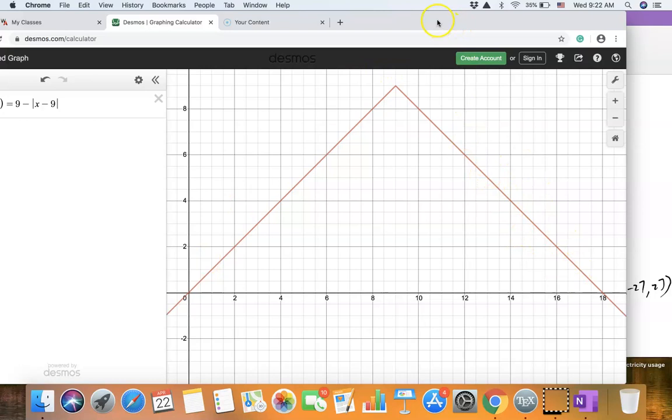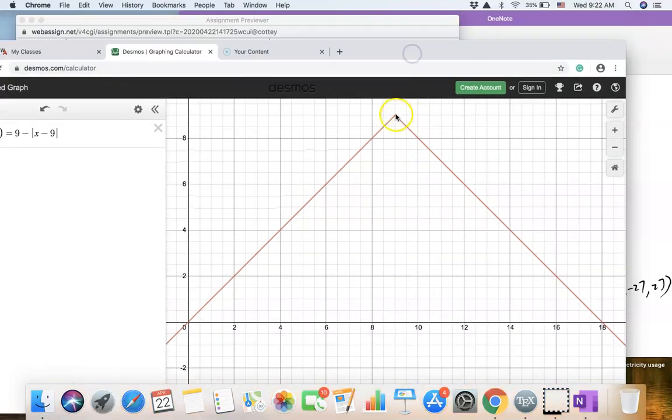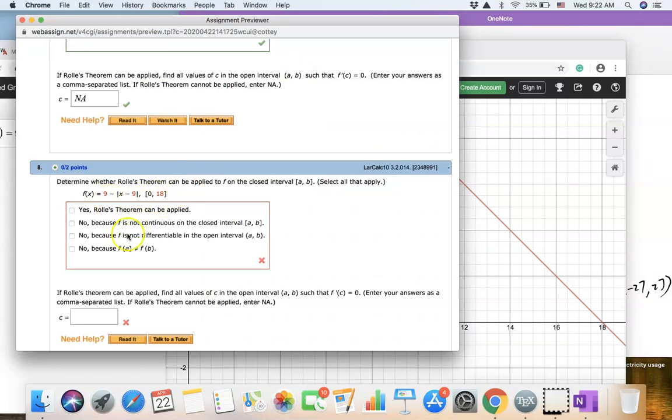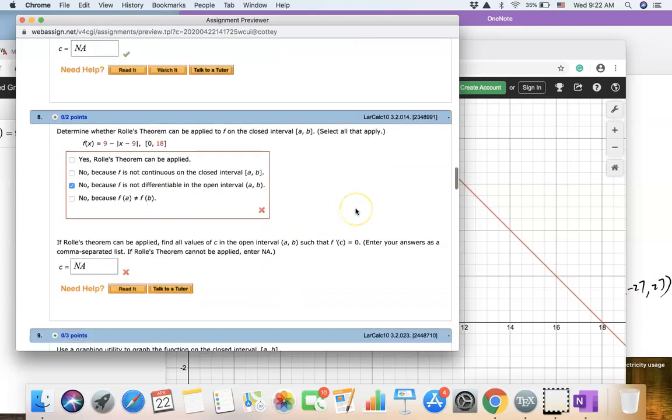However, the graph is not differentiable everywhere because at the top point the derivative does not exist, since at this point we can draw two different tangent lines. So the derivative is not unique. Therefore, for this function, even though it's continuous on this closed interval, the function is not differentiable. So again, the mean value theorem cannot be applied.